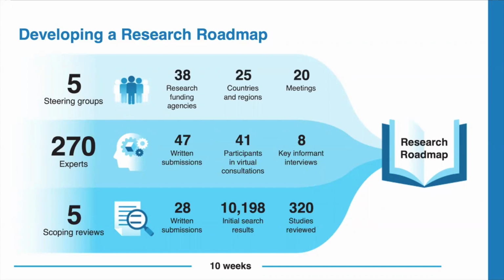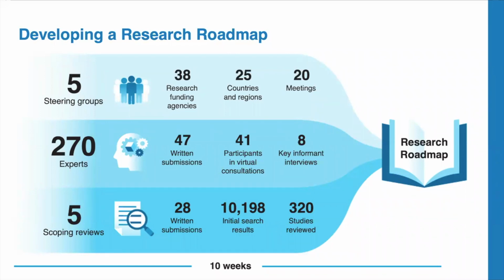And so we did this process in 5 parallel streams. The first is we convened 5 steering groups. These were composed of leaders from research funding agencies representing 25 countries in all regions of the world. Second, we had a specific process to engage experts from around the world that included written submissions that we solicited from various organizations.